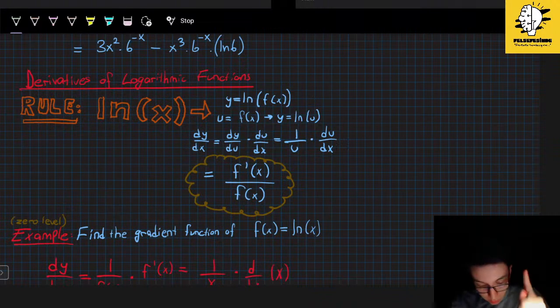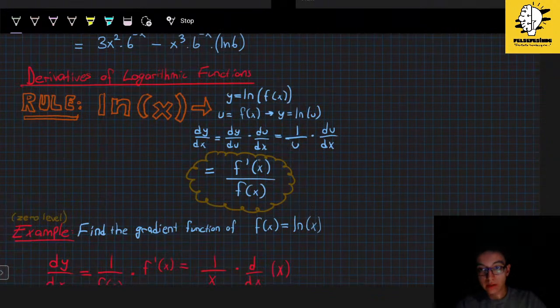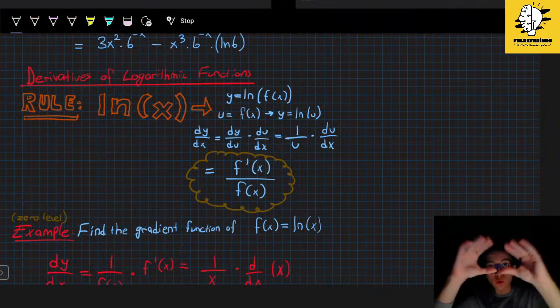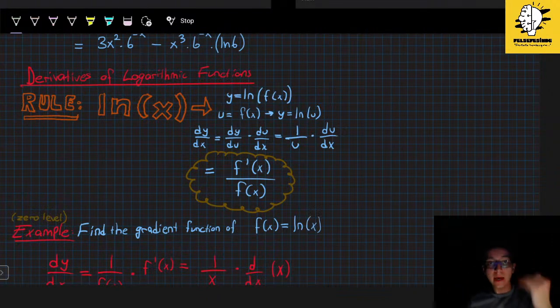Now, dy over du is 1 over u, and du over dx is the derivative of u, since it is included in the chain rule. The derivative of ln is always 1 over f(x). Hence, we can conclude that ln f(x) has the derivative f'(x) over f(x).